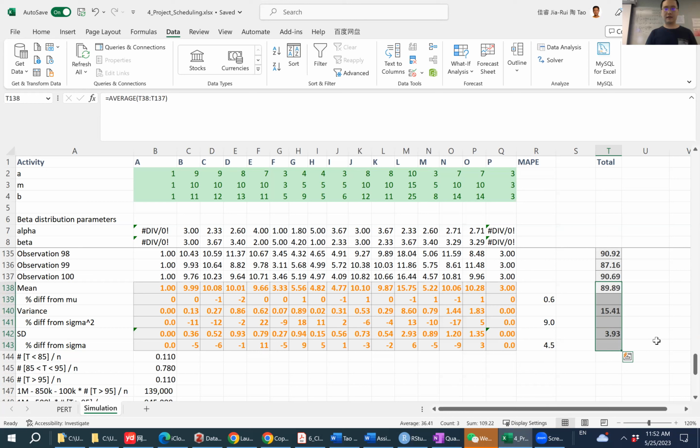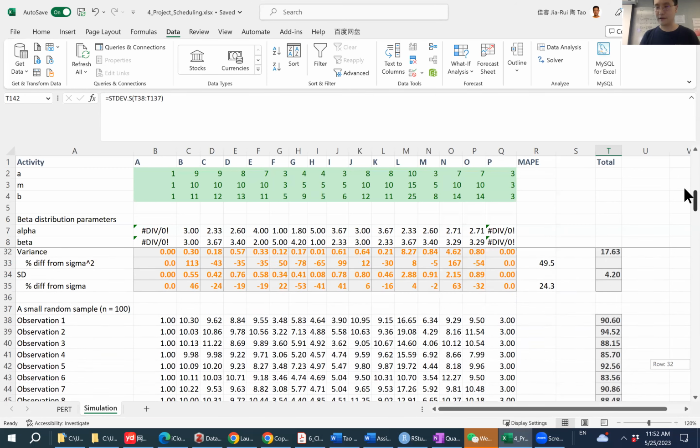Out of the 100 cases, the average is 89.89, which is somewhat close to the Perl approximated mean. However, you find that the variance and the standard deviation are somewhat different. So how different are they?